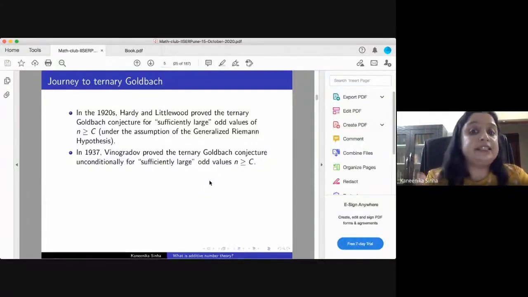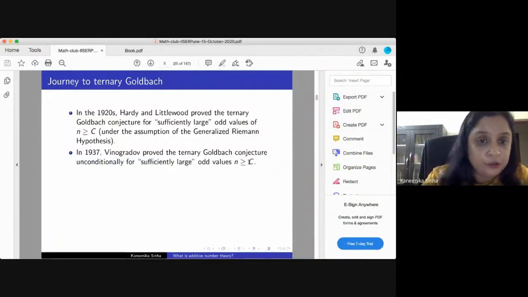He did not specify what this c is, but he said that if n is sufficiently large, the Goldbach conjecture holds for those n. Okay, so that means at least you know that for almost all odd n this is true, but then effectively you do not know the value of c.